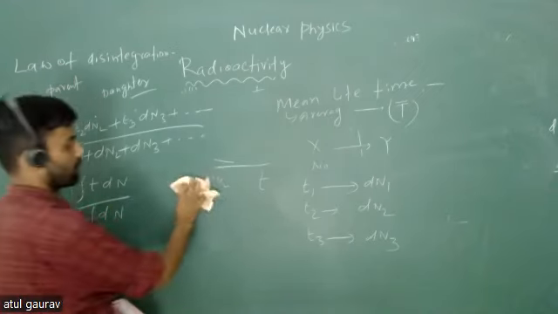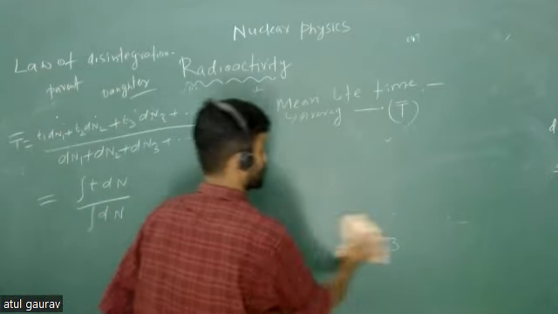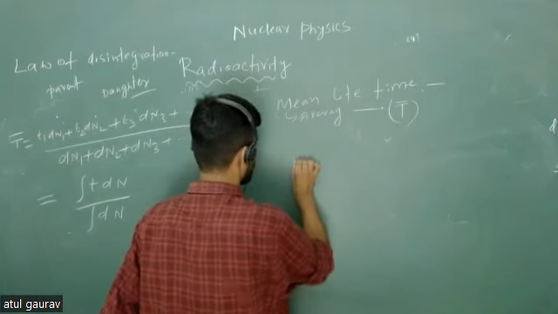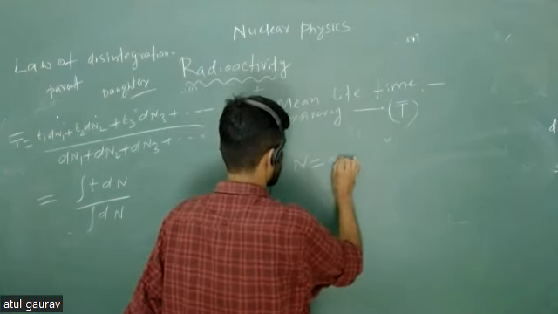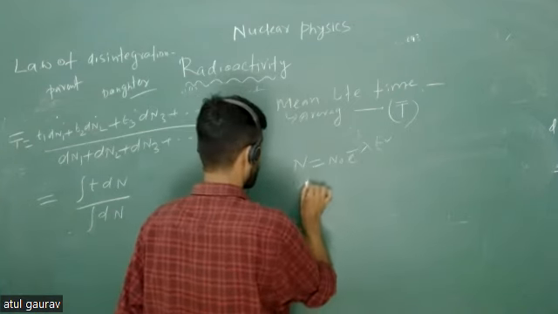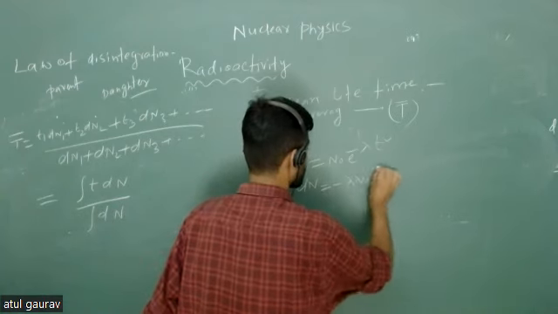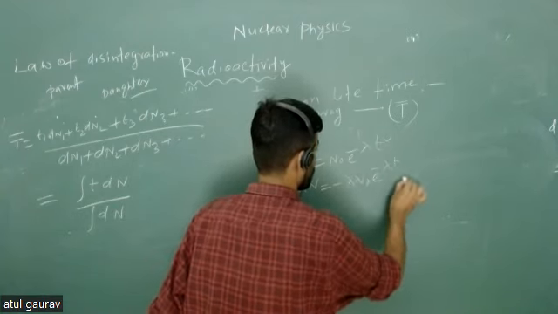Now we know N is N naught exponential minus lambda t. So dN will be minus lambda N naught exponential minus lambda t dt.